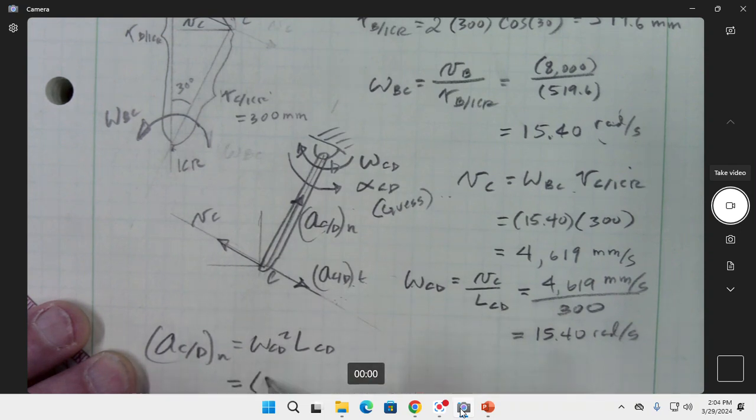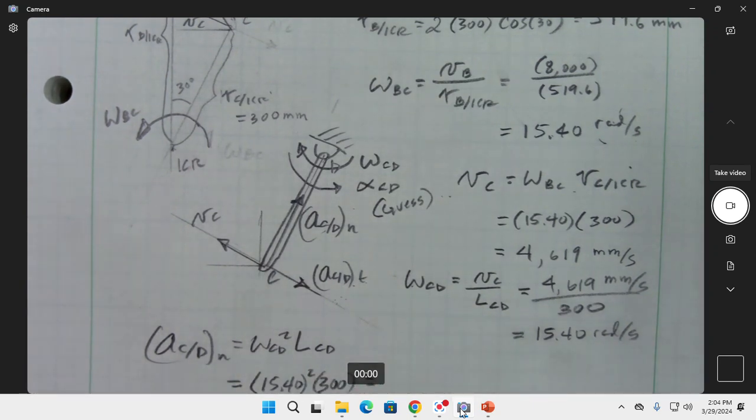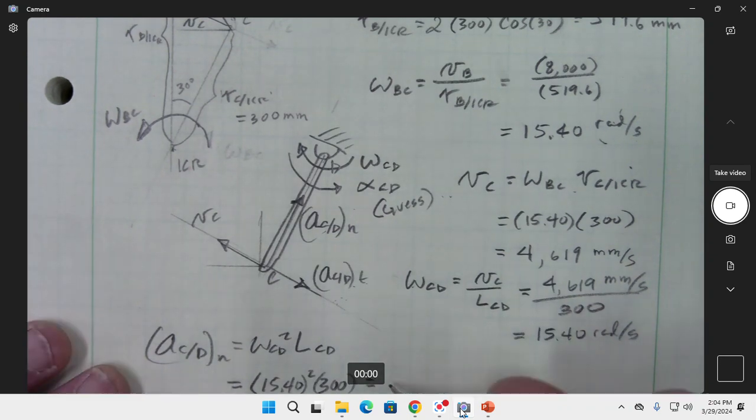So that's going to be 15.40 squared times 300. Boom. And now we got some large numbers coming in here.